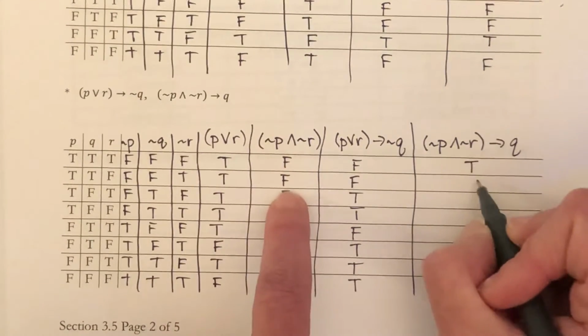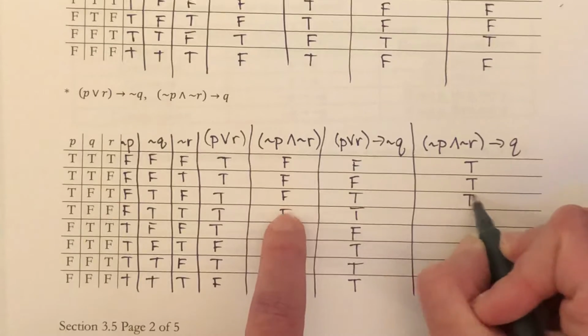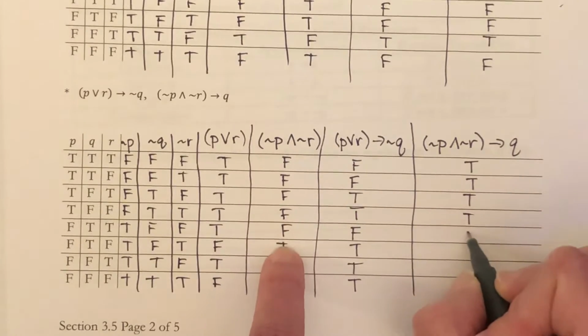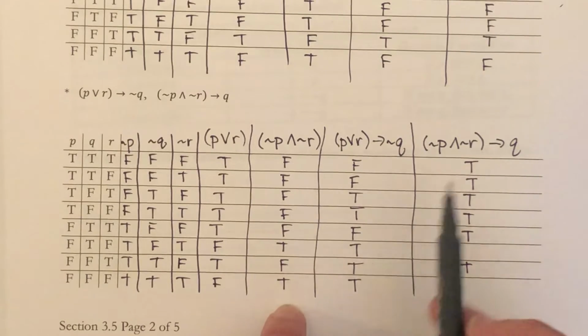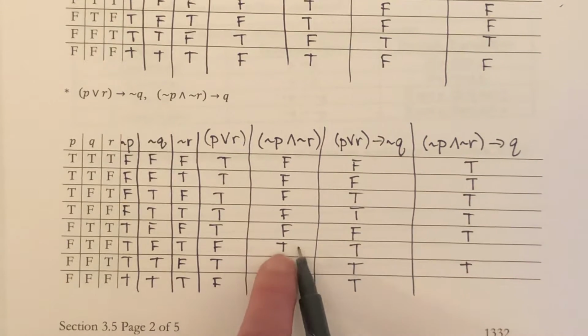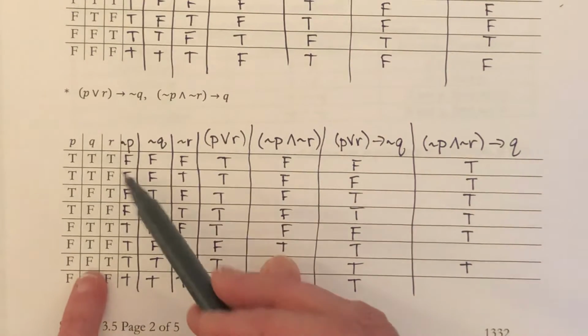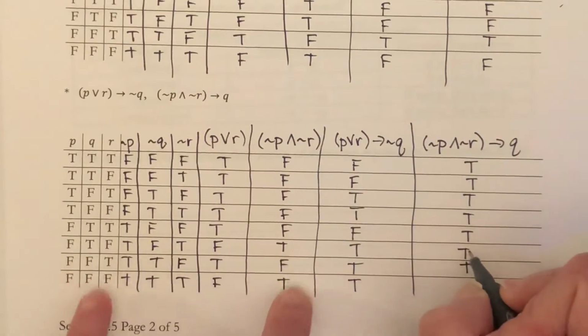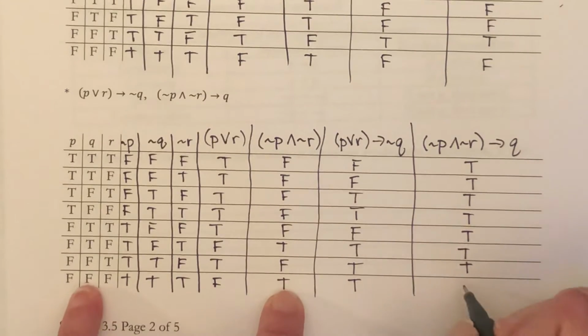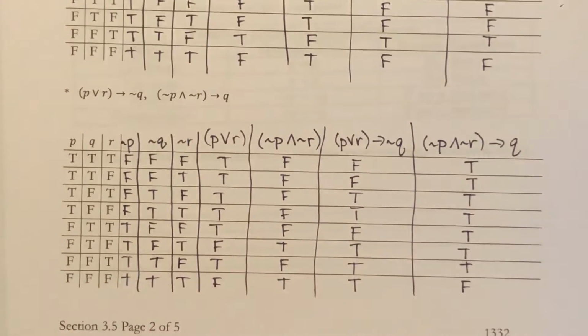So let's go through and mark those. So I really only have two that I really need to check, because if it goes true to false, then it's false. So I'm going to Q, which is the second column, right here, okay? If true, then true, that would be true. And if true, then false, that one is false.